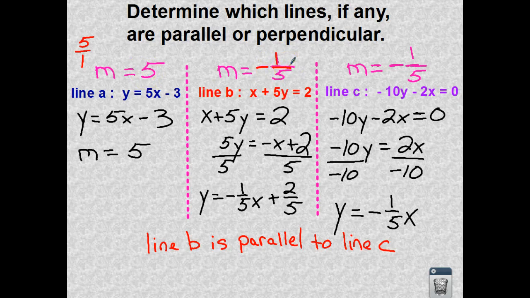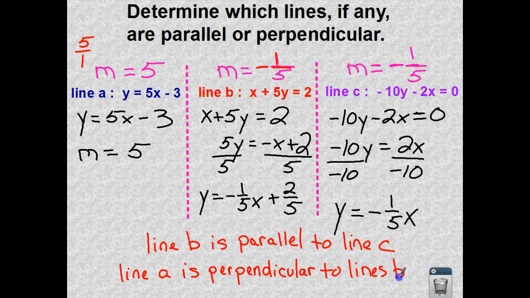So our final statement about perpendicular lines, I would say that line A is perpendicular to lines B and C, because both of them are negative 1/5, which is the opposite sign and reciprocal of 5.